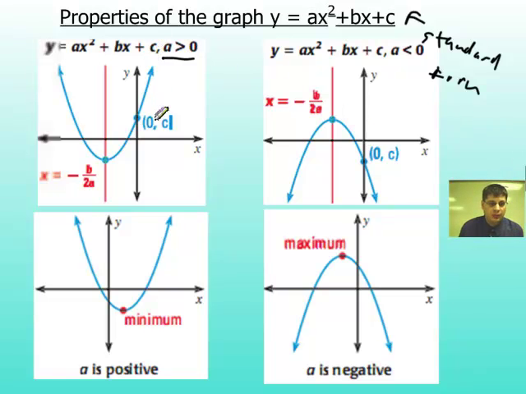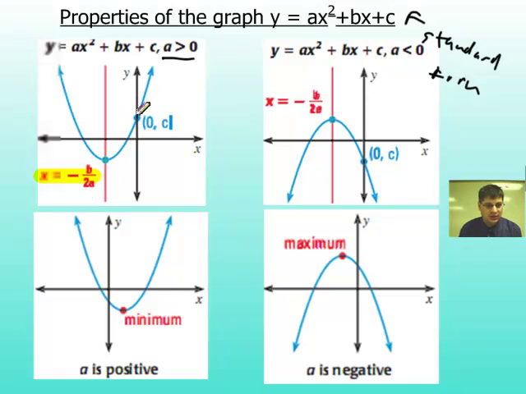But I want to also point out that you have an axis of symmetry, and that always goes through the vertex, and that's why it bisects the parabola into two parts. The axis of symmetry can be found by the equation x equals -b over 2a, where b is the coefficient in front of x and a is the coefficient in front of x². That's going to come in handy.